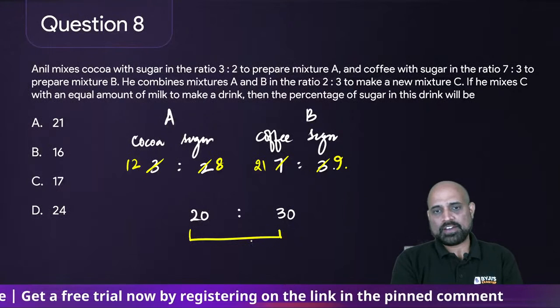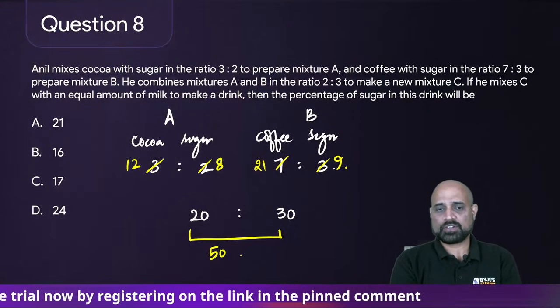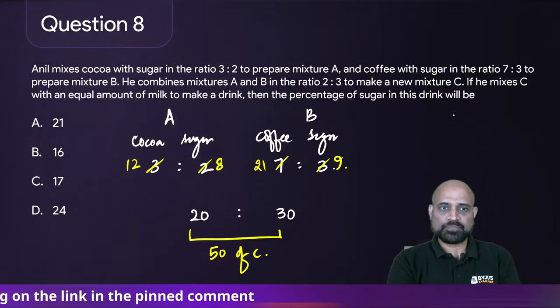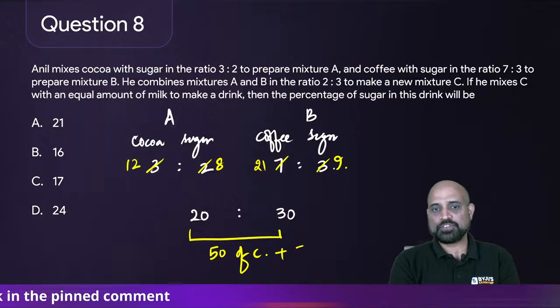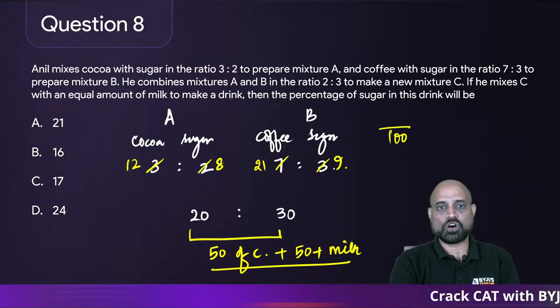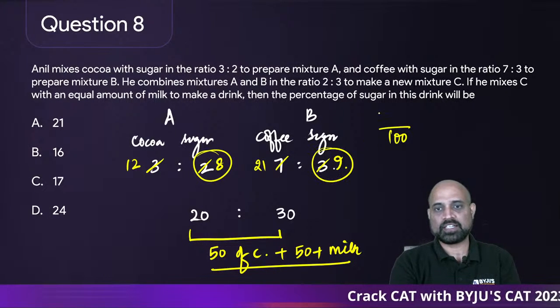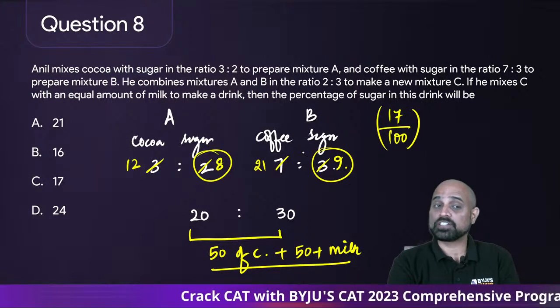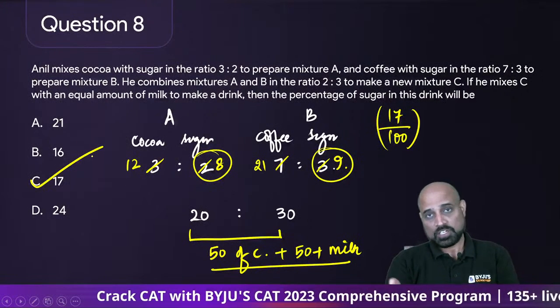Right, now we have 50 units of C. अब क्या करते हैं, 50 units of C में 50 units of milk मिला देते हैं. So when we do this, we have 100 units of mixture, out of which the sugar content is 17 units. So the percentage of sugar in this drink turns out to be 17%. C option हो जाएगा.